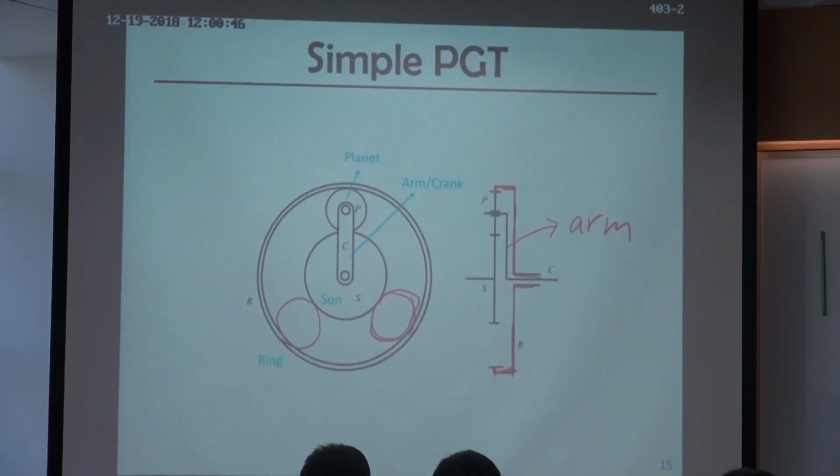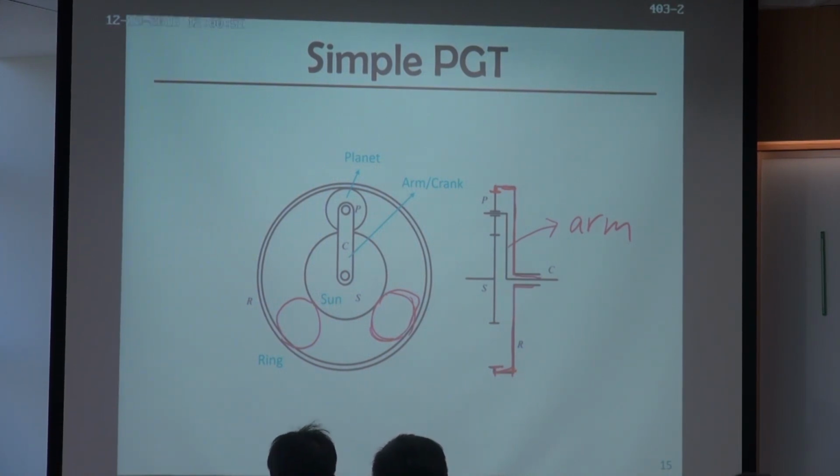So we are trying to analyze the motion of a gear, or planetary gear train. Usually for a regular gear train, we only have 1 degree of freedom. So you provide an input and you will get the output. You provide only one input and you should immediately get the output. It's just 1 degree of freedom, so you only need to provide one input.